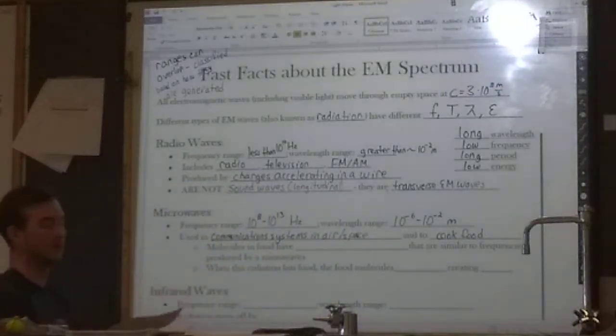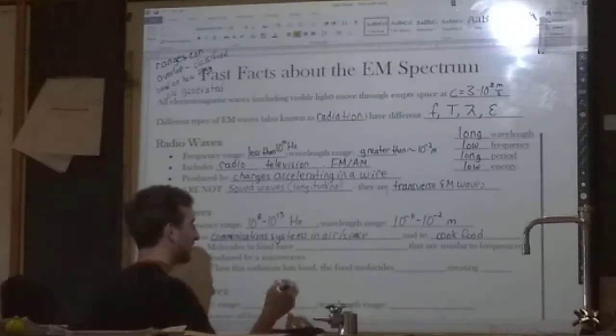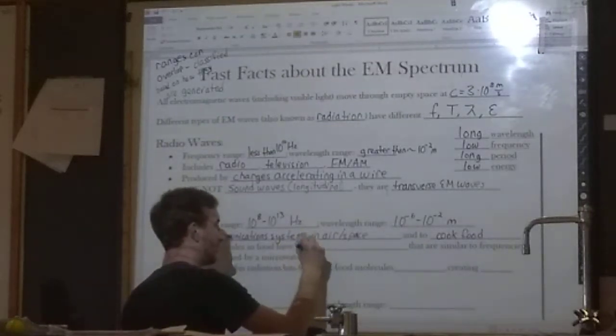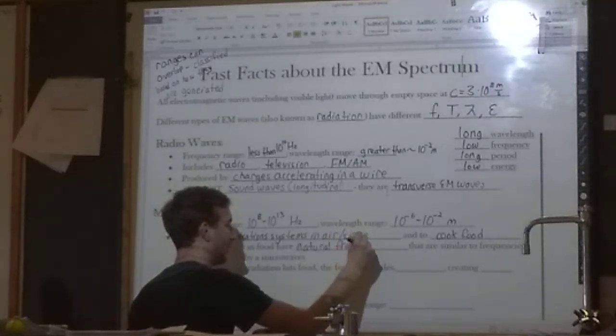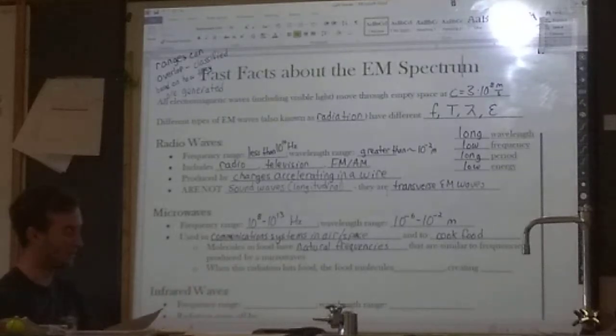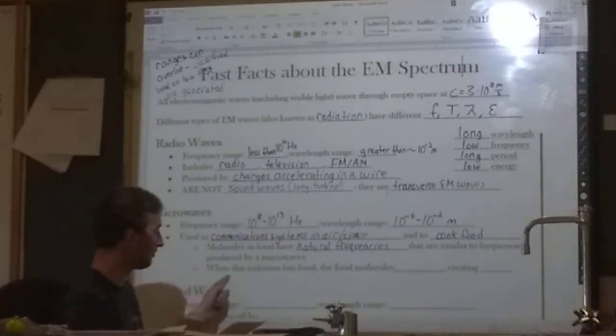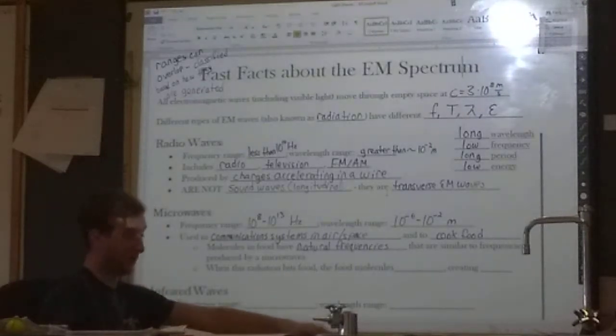Here's what happens. The molecules in the food, remember we talked about natural frequencies a little bit ago, have natural frequencies that are similar, or basically the same in some cases, to the frequencies produced by a microwave. So, you turn on a microwave, it produces microwaves, the radiation.